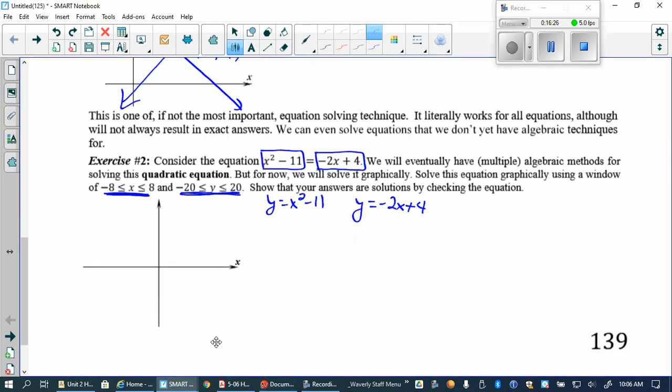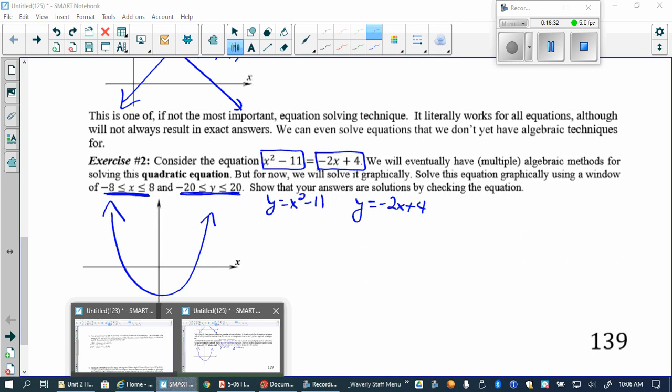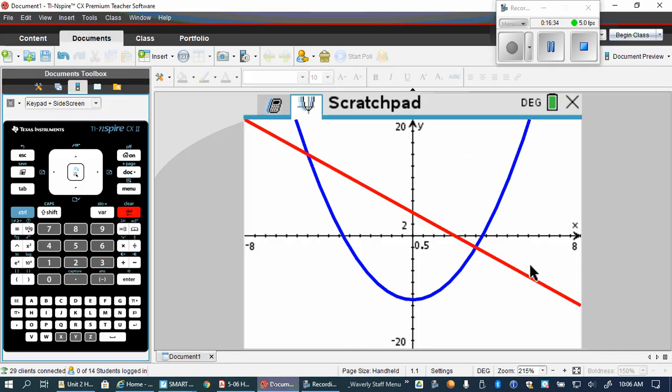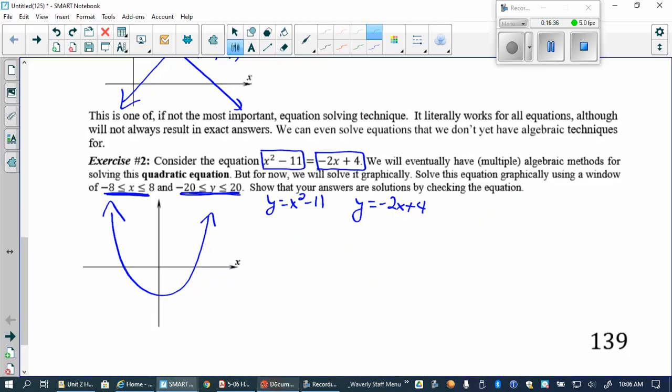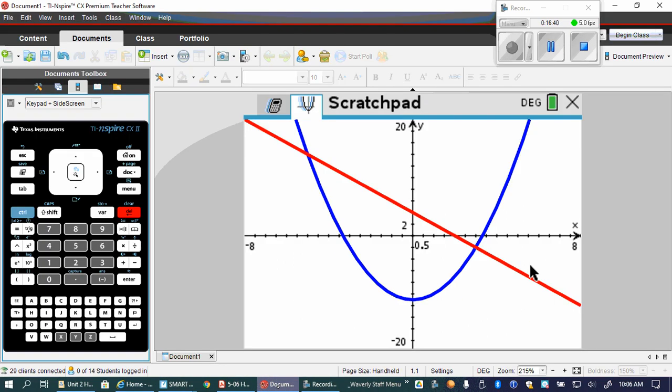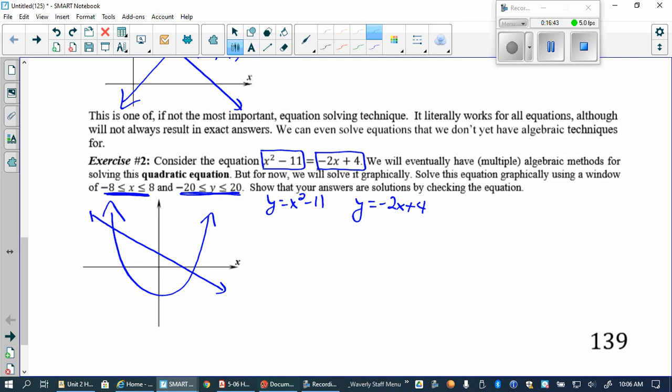It's going to be roughly kind of like this, right? And then the other one goes down that way through that, kind of like this, I think. Now let's go find one of the intersection points.